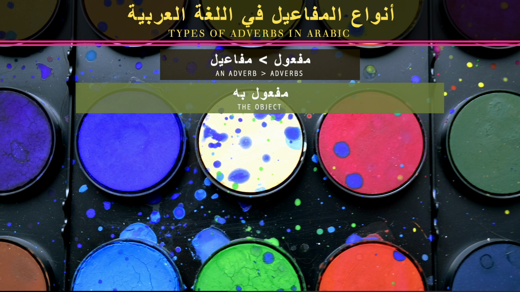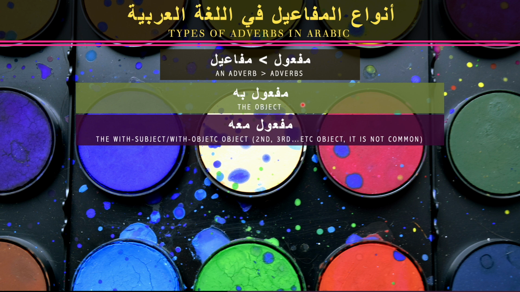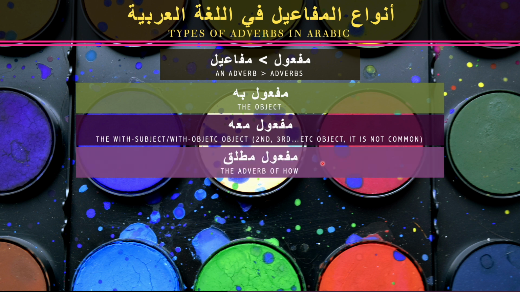The first adverb is actually the object, مفعول به. The second one, مفعول معه, which is considered the with-object. And then we have مفعول مطلق, the adverb of how the action happened.